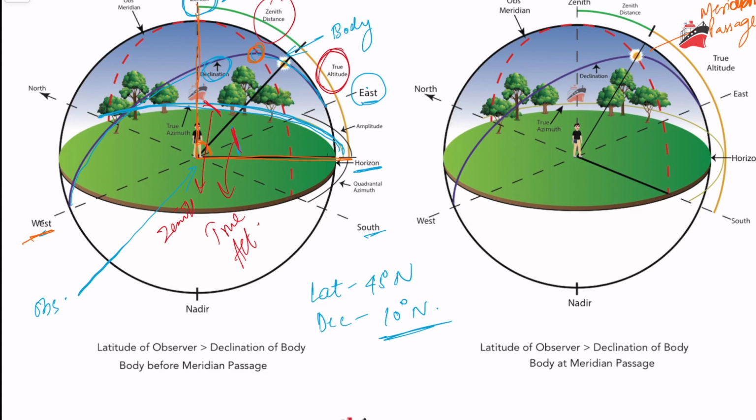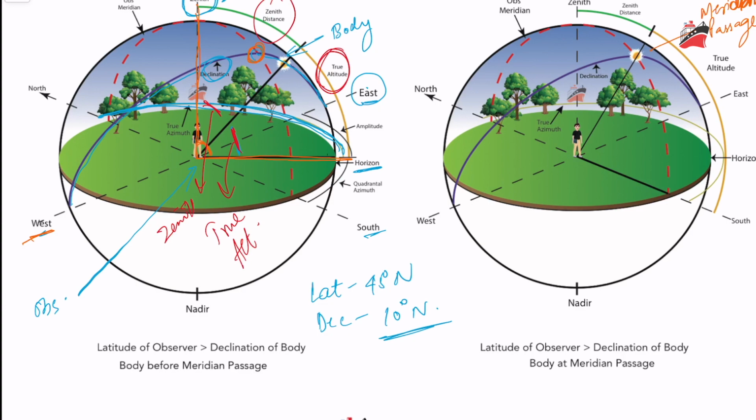Now what I have to explain to you is prime vertical and vertical circle. Prime vertical is a vertical circle passing through the east and west points of the rational horizon, and a vertical circle is a great circle on the celestial sphere passing through the observer's zenith and the nadir.